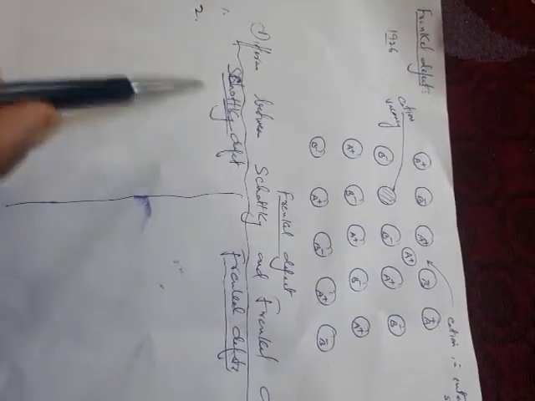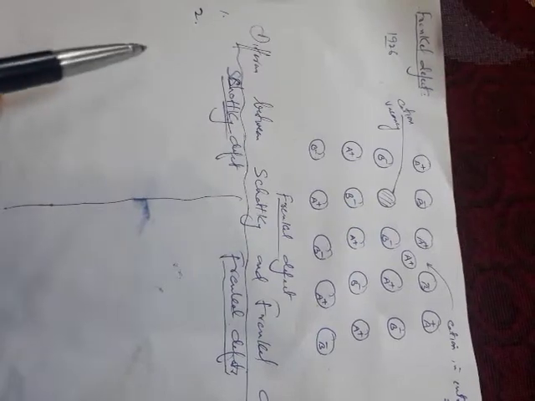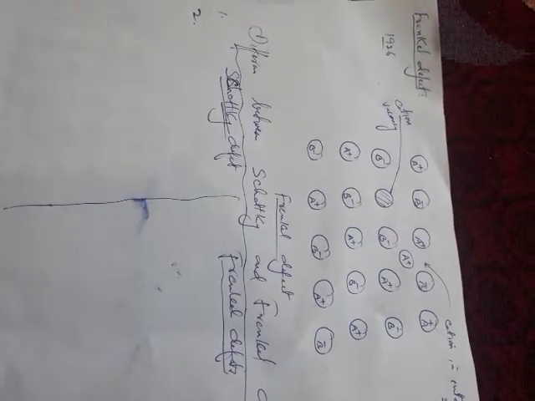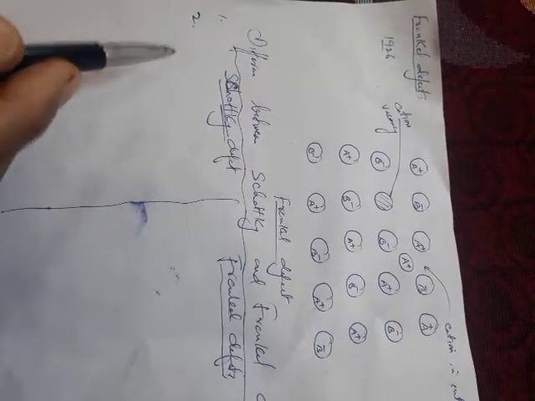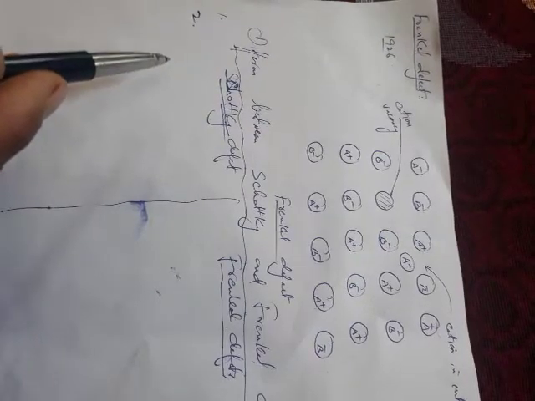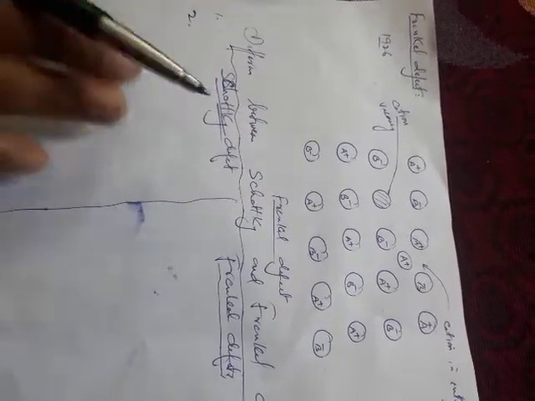Now, number two is that in case of this Schottky defect, we see that the density gets lower due to the missing of both cations and anions from their normal sites.